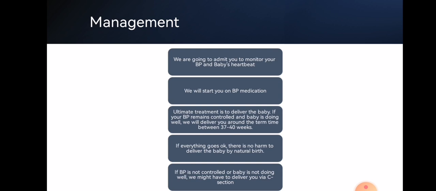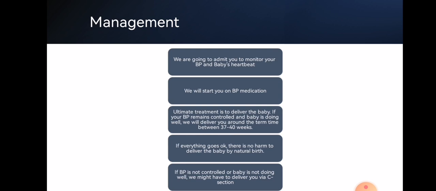So now you're going to explain the management. We are going to admit you to monitor your blood pressure and baby's heartbeat. We will start you on blood pressure medication. The ultimate treatment for this condition is the delivery of the baby.